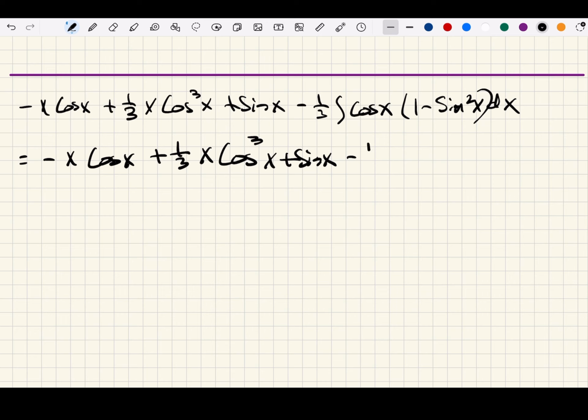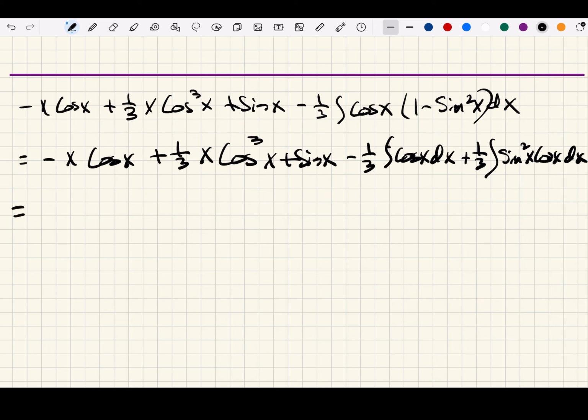I'll have 1/3 integral cosine x dx plus 1/3 integral sine squared x cosine x dx. Everybody hanging in there with all the algebra?